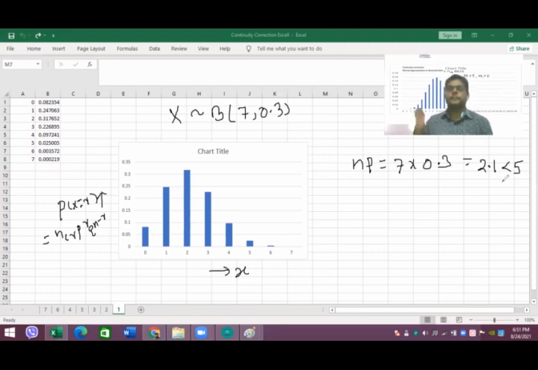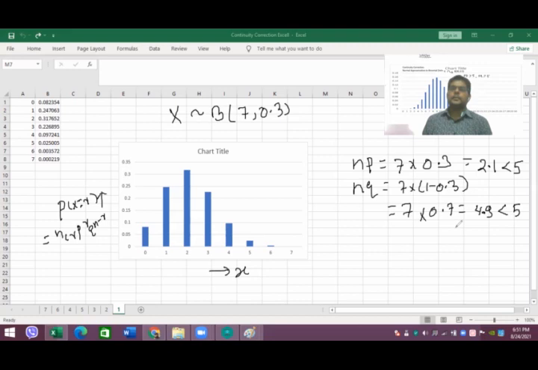Also if you see n times q, then this is 7 times (1 minus 0.3), which is 7 times 0.7, and it is 4.9, which is again less than 5, only a little less than 5.